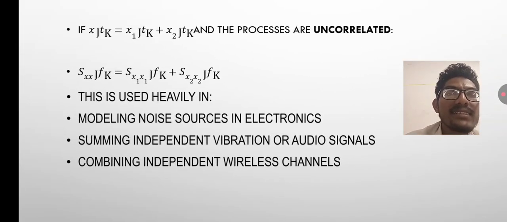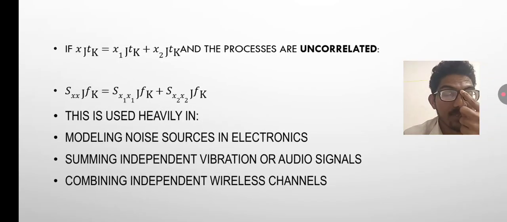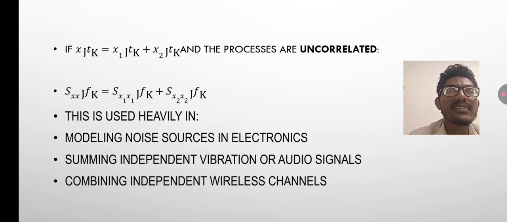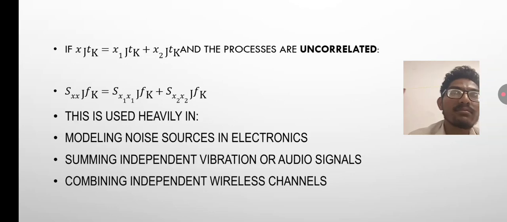Next, this theorem is also used heavily in modeling noise sources in electronics. These properties are used first in modeling noise sources in electronics. Next, summing independent vibration or audio signals. Lastly, combining independent wireless channels. These are the applications in signals and systems.